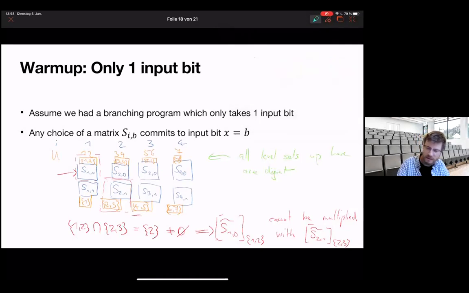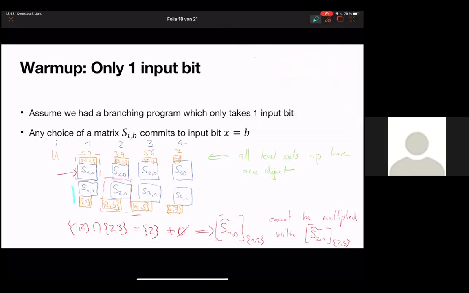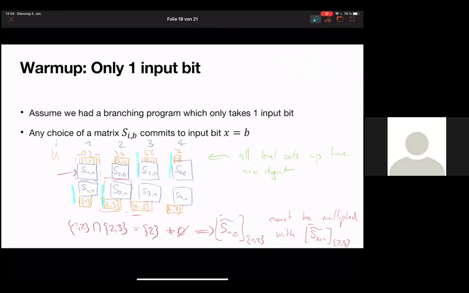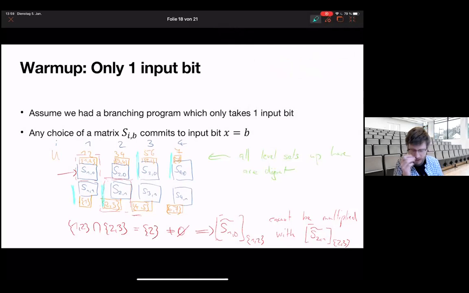You're choosing for the first two the lower ones, and for the last two the upper ones. Yes. Then the level sets are still disjoint, but you would be missing the. Yes. You're missing.